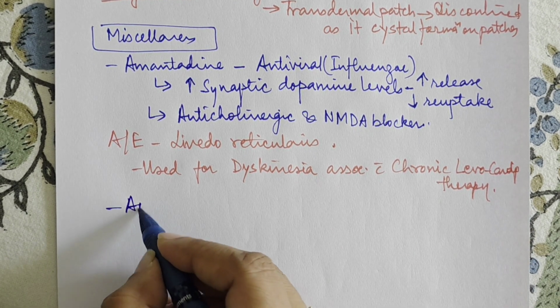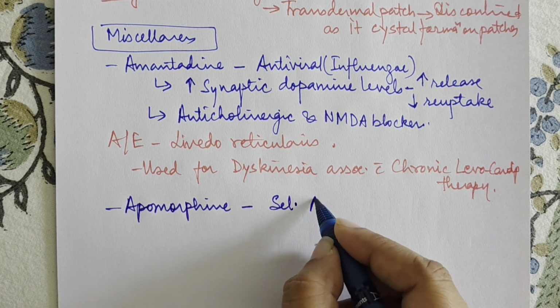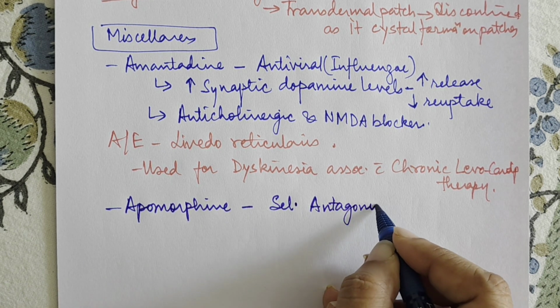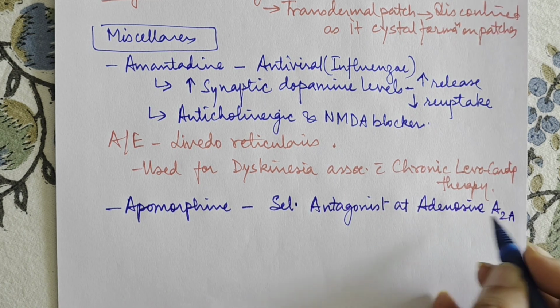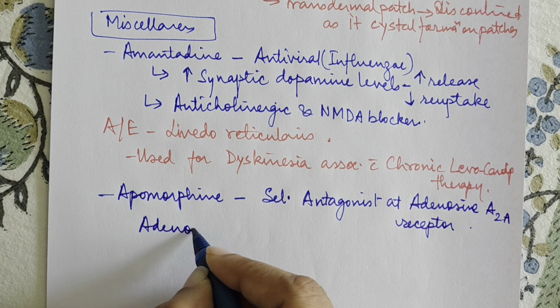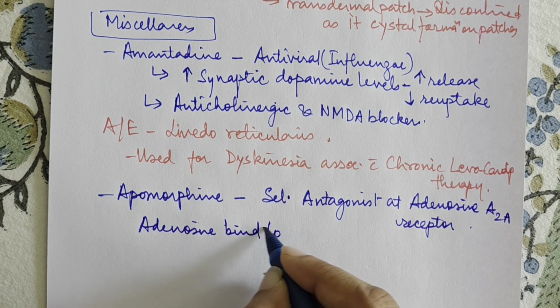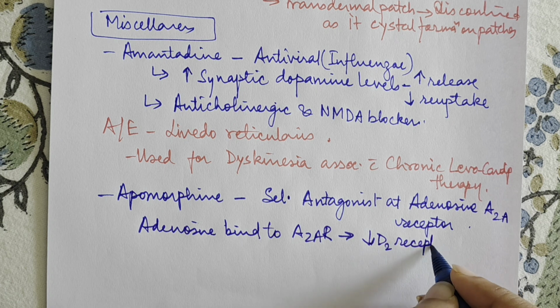Then the other drug that we have is apomorphine. Now what is apomorphine? Apomorphine is a selective antagonist at adenosine A2A receptor. Normally, adenosine binds to this A2A receptor and it inhibits the dopamine receptor, right?